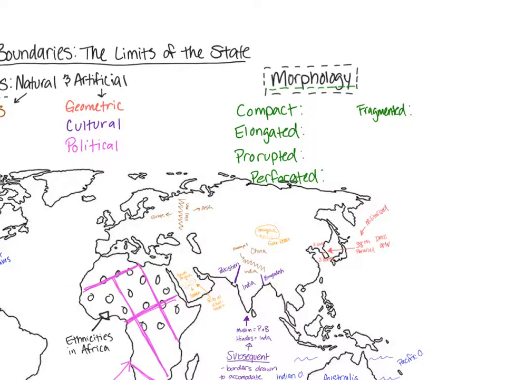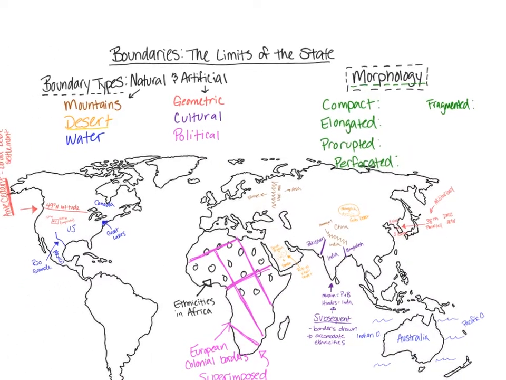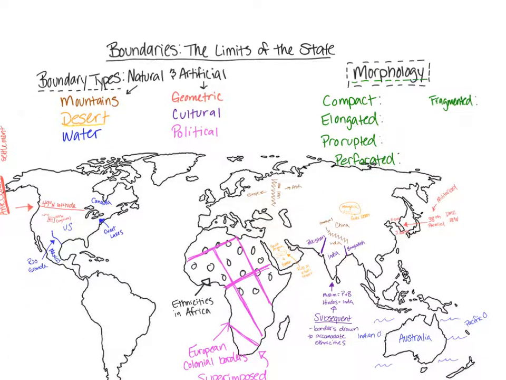When we look at a compact state, it is something that is going to be most of the time small. It doesn't necessarily have to be a super micro state, but it is in a general roundish shape, because the government is probably going to be somewhere in the middle, and it's going to be easy for everyone on the outskirts to get to the center.